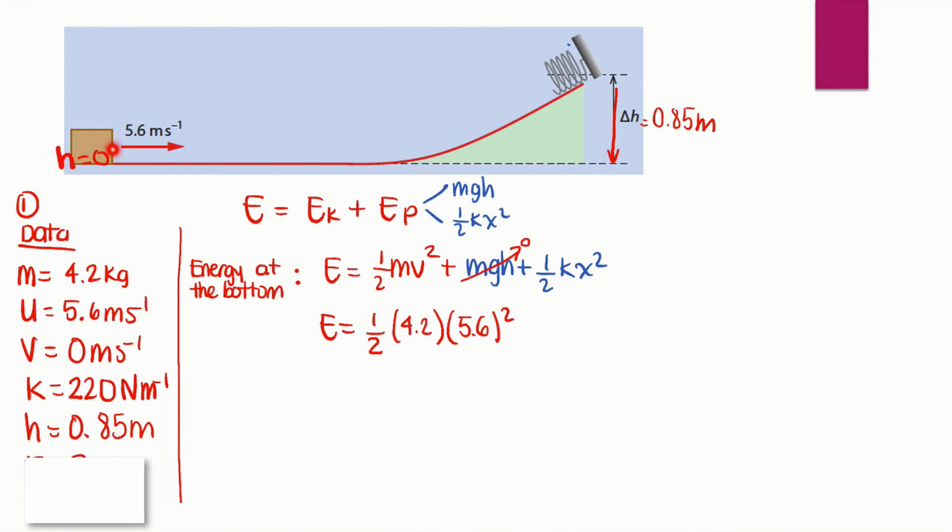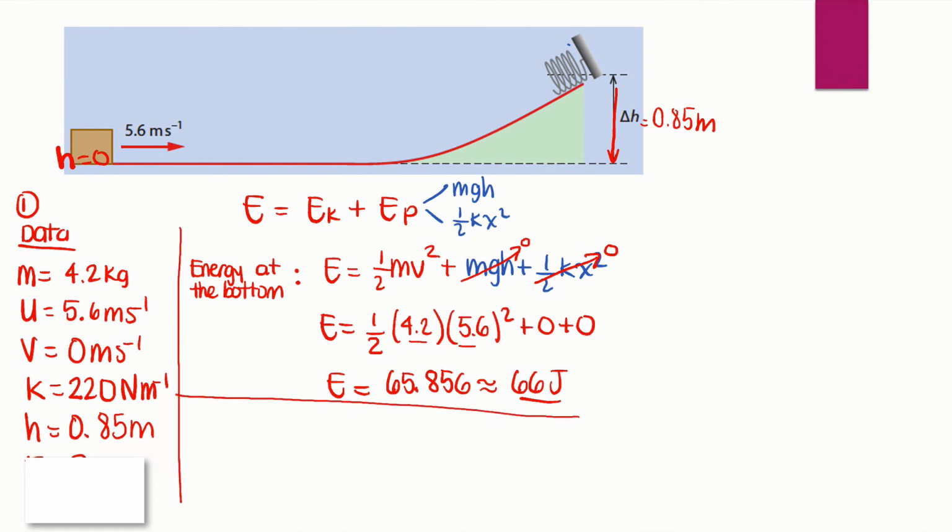And here, at this point, we don't have a spring, so this is going to be 0 too. So this is going to be plus 0, plus 0. So the total energy at the bottom is only the kinetic energy. Making the calculations, it is going to be 65.856 joules, but let's consider that we only have two significant figures, so let's round it. So the total energy at the bottom is going to be 66 joules.